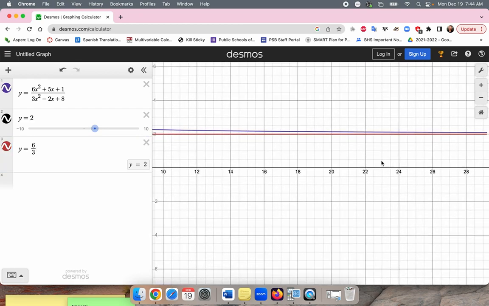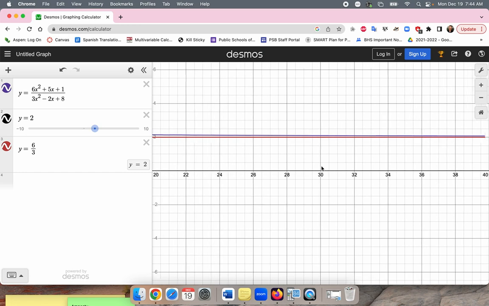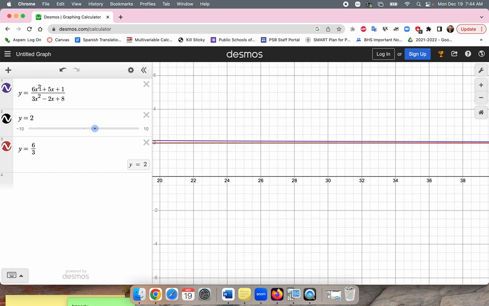The basic explanation for what's going on there is that as x becomes very, very large, as you go way off in the positive x direction, the squared term is growing a lot more quickly than the other terms in the numerator, and so the entire numerator comes to be dominated by the 6x squared term. Likewise, in the denominator, the 3x squared term is growing a lot more quickly than the 2x, and certainly more quickly than the 8.